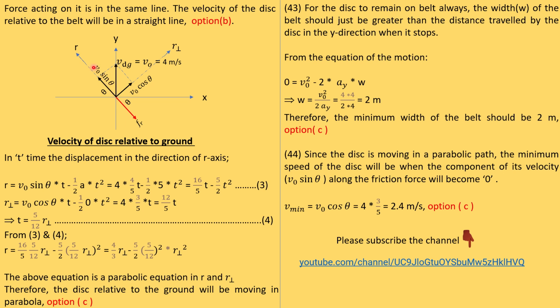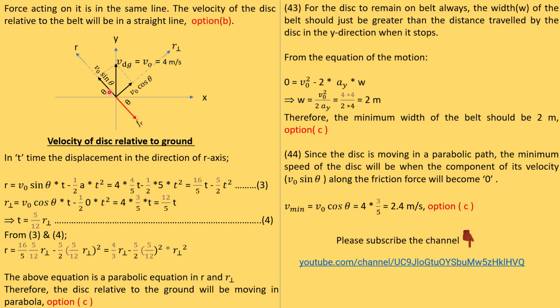If we select this direction as R and this direction as R perpendicular, we can write R, meaning the distance traveled by the particle in the direction of R in time t, as the component of the velocity relative to the ground in this direction, that is V naught sine theta t minus half a t square.